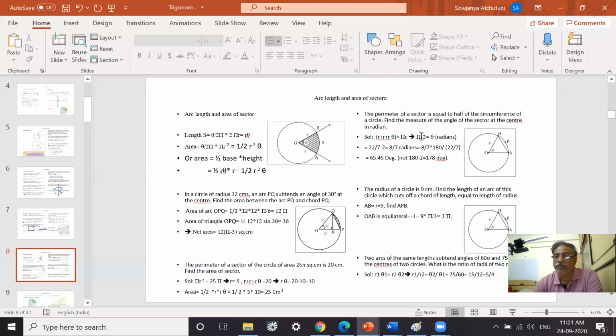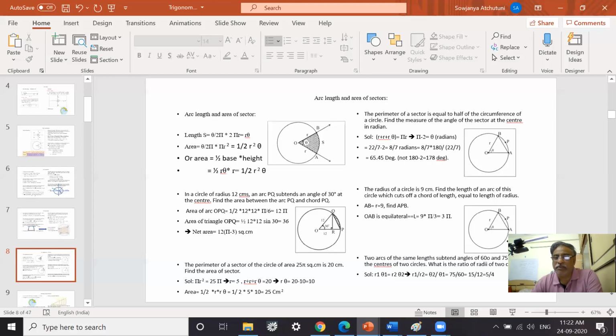Always remember, it is not 180 minus 2. No, this is in radians, pi is 22 by 7. Then I convert the radians by multiplying by 180 by pi, and then I get degrees.